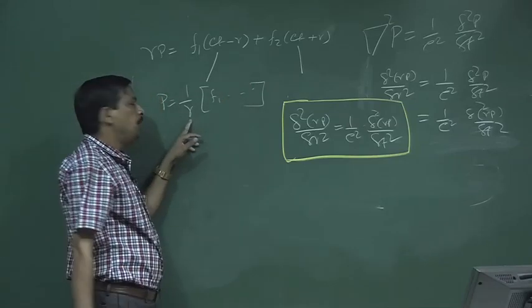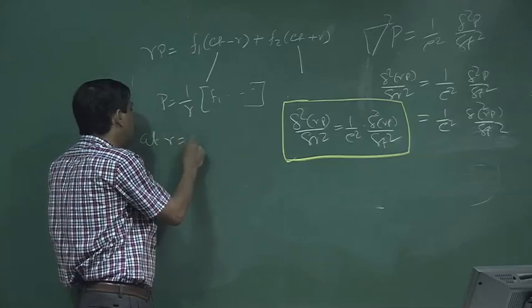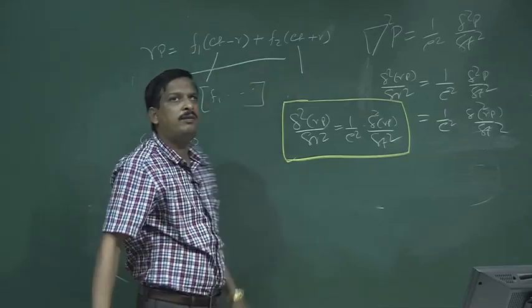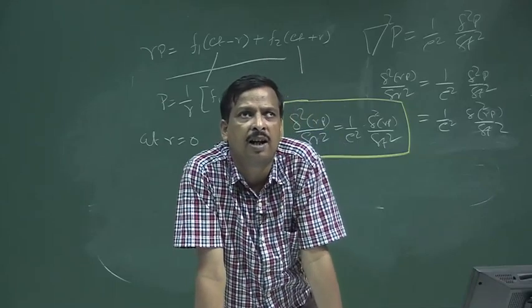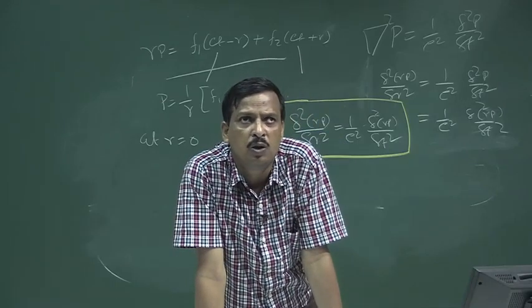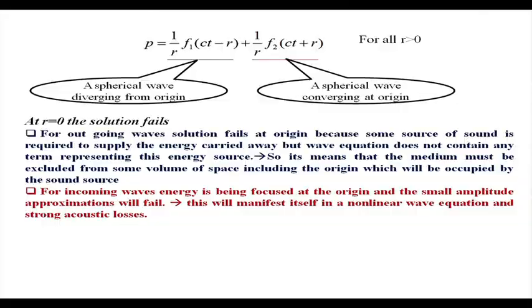Now since it is 1 by r, at r equal to 0 this concept is not valid. For the diverging wave and the converging wave at r equal to 0, no solution for p is valid. So in that case what will happen?